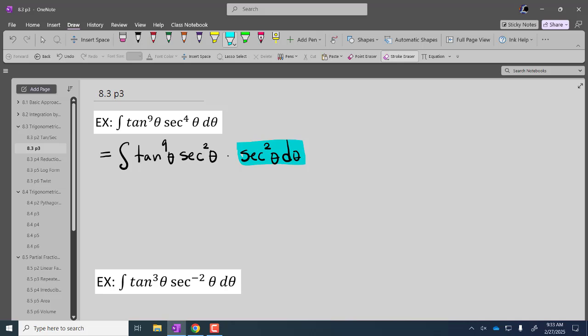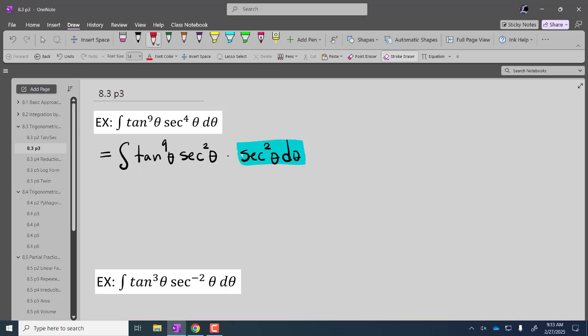So if we have everything in front here all tangents, if we let u be tangent, its derivative is now over here. So if we pull off a secant squared, our goal is to convert anything to the left of that, make sure it's all tangents, so that if we let u be tangent, then we can replace the secant squared d theta with a du. All right, so we pull off secant squared, and we want to turn everything else to tangent.